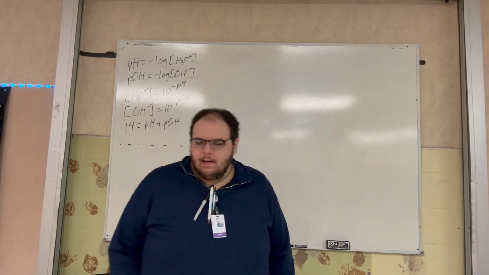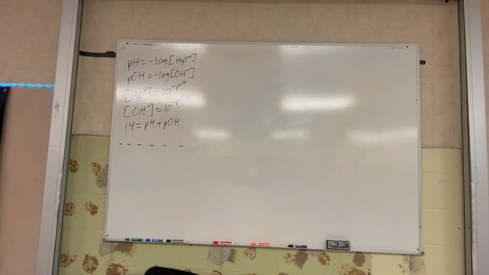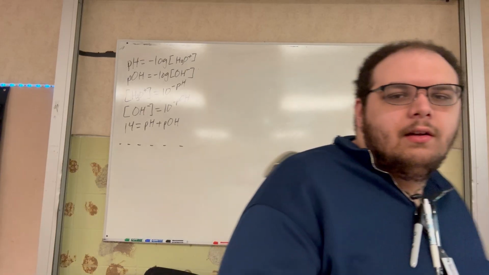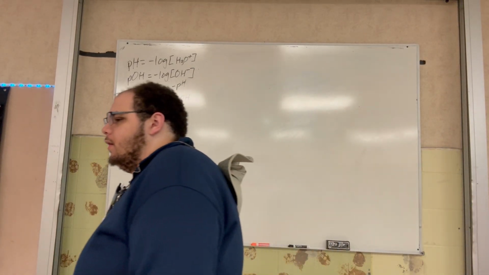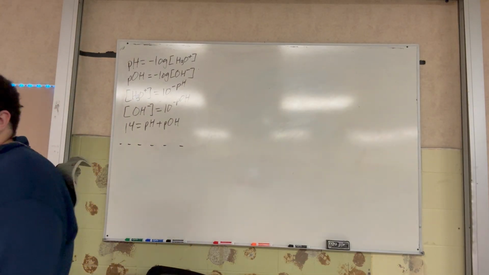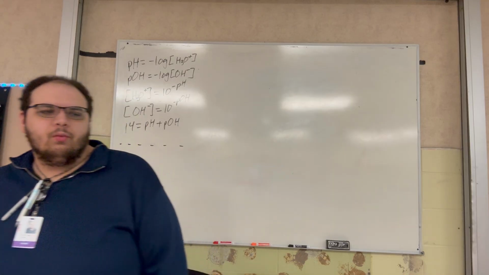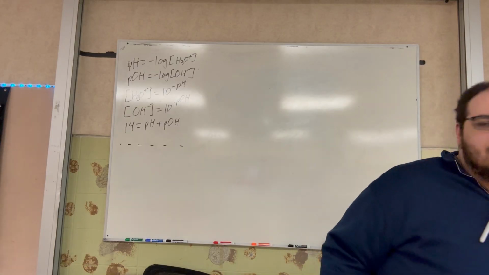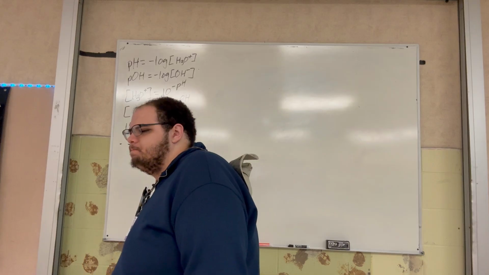Now, you guys are writing down not only about pH, but also about this thing called the POH scale. The POH scale works very similarly to the pH scale, but only flipped, opposite day. With the POH scale, we're looking at bases, and it really focuses on bases, while the pH scale we typically use when we're looking at how acidic something is.